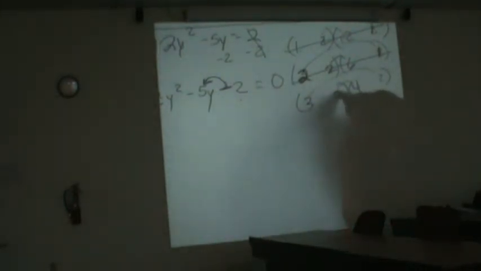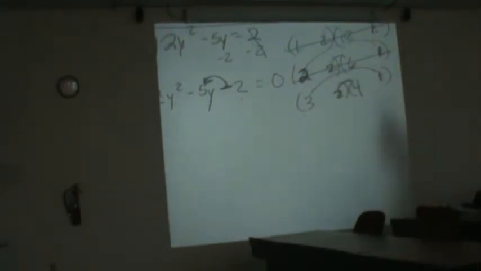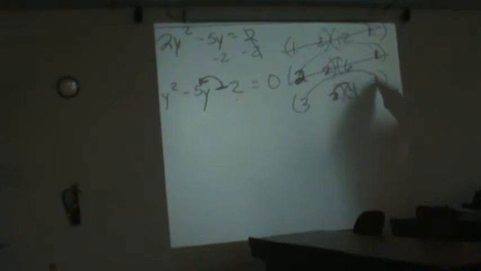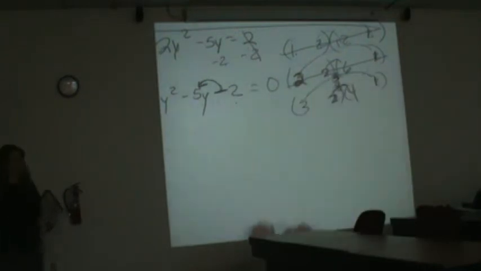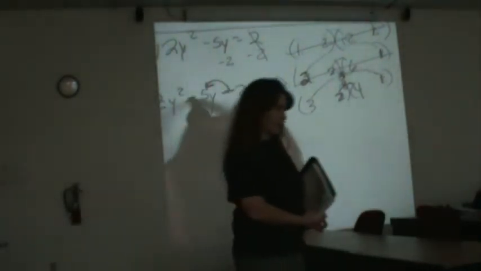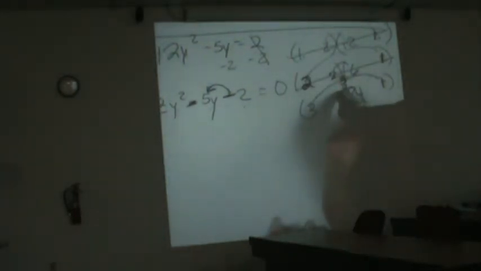It better be this last one then, huh? 4 times 2 is 8 and 3 times 1 is 3. 8 and 3. Those subtract to give you 5, right? Okay, this is an 8 and this is a 3. They need to be a negative 5. So we need the 8 to be negative and the 3 to be positive.